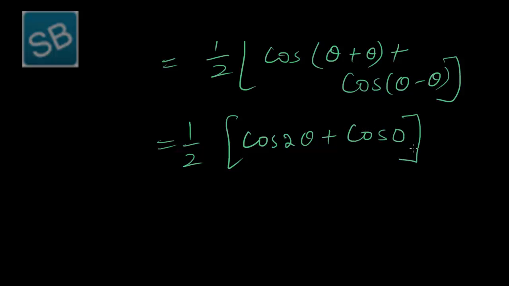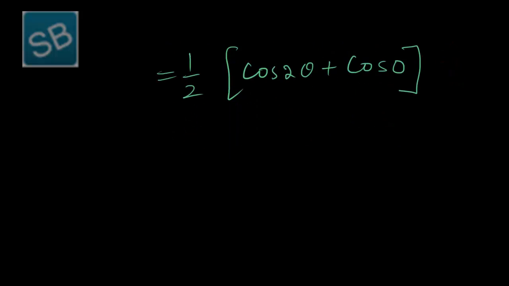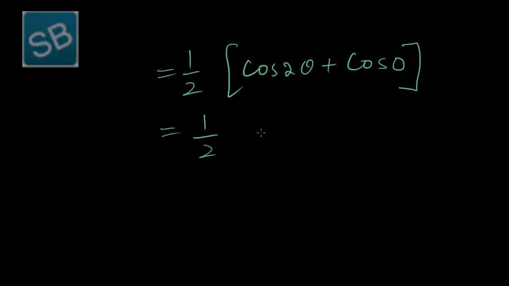The value of cos 0 is 1. So we can write half of (cos 2 theta plus 1). So these are the 3 problems which are based on applying the direct formula of product in the form of sum or difference. There are so many questions which will depend upon this, but there are only 4 formulas which are going to be used here.